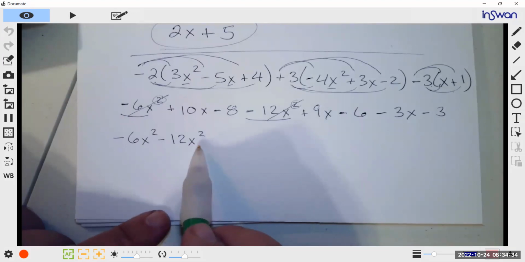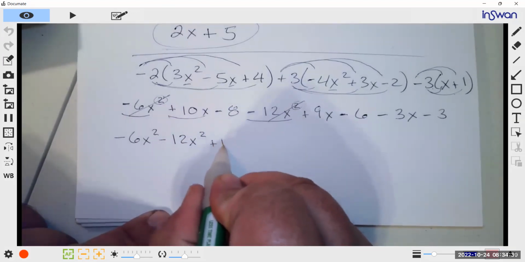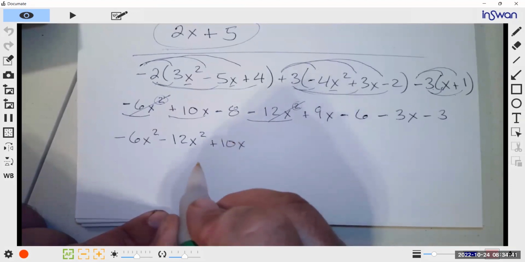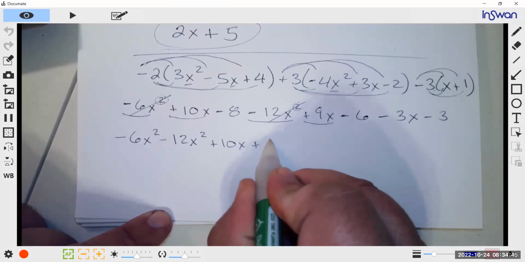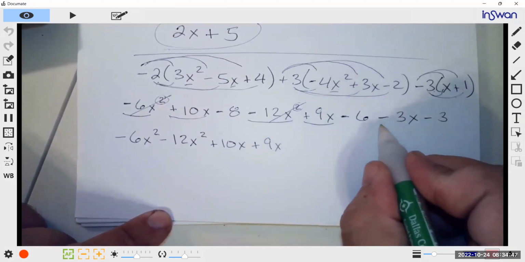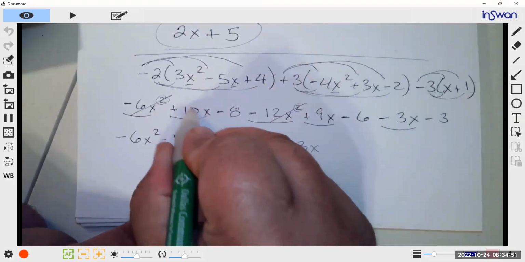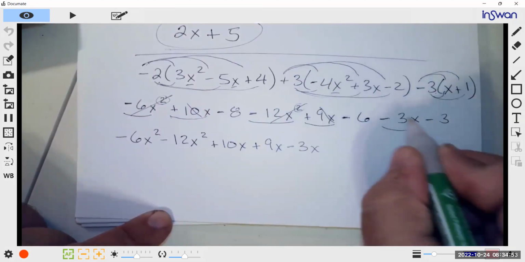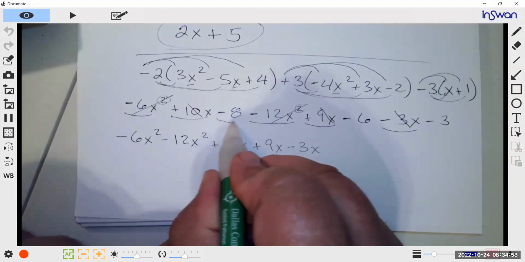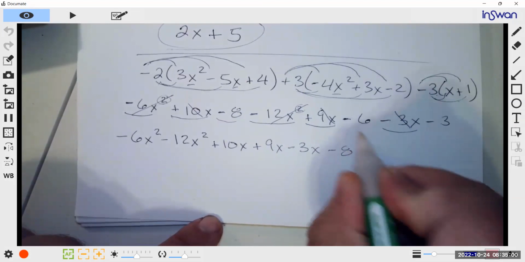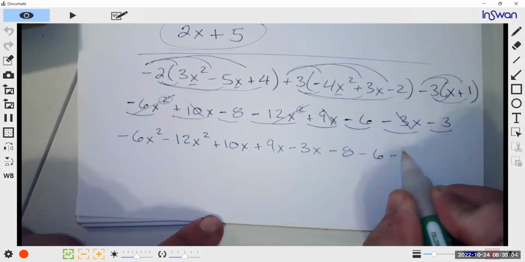That means now I'm looking just for x's. Here's a positive 10x, positive 9x, negative 3x. That takes care of all the x's. Then we have negative 8, negative 6, negative 3.